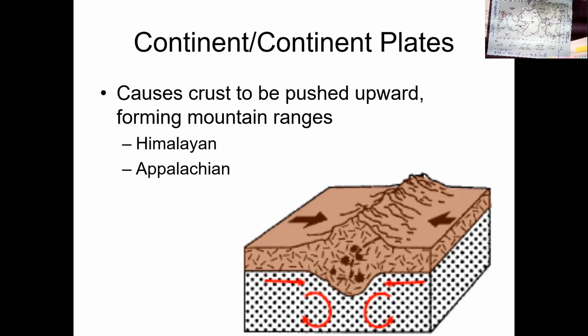So whenever I've asked you guys about plate tectonics, I asked you what the plates can do. Almost every single time you guys take your hands, put them together and make a mountain. So this is the obvious, two plates come together and they make a mountain range.